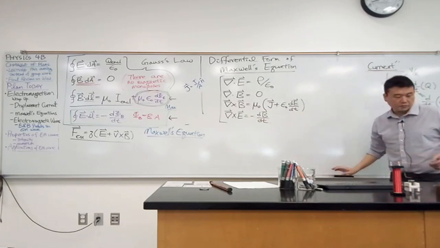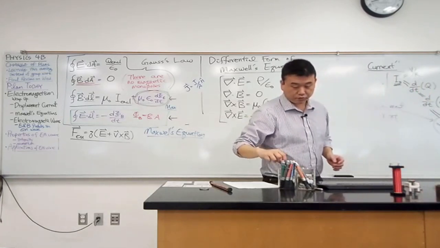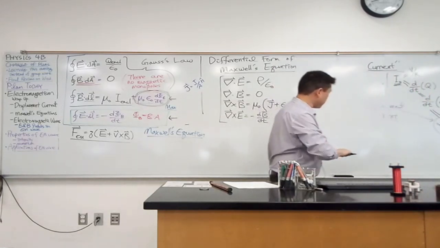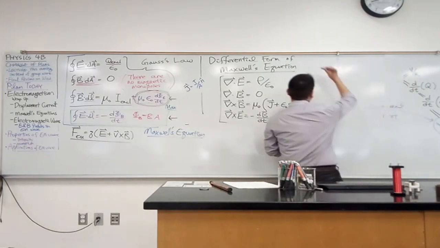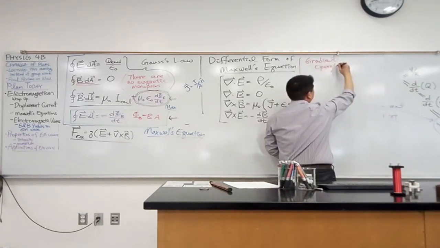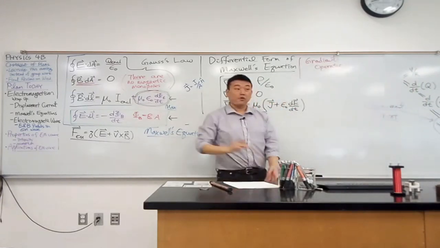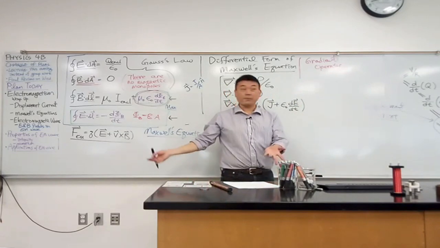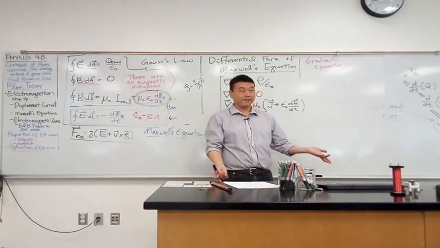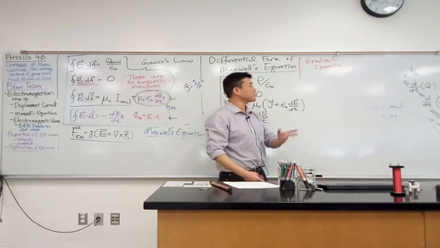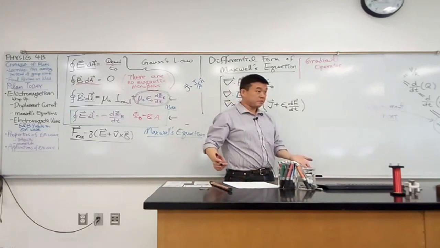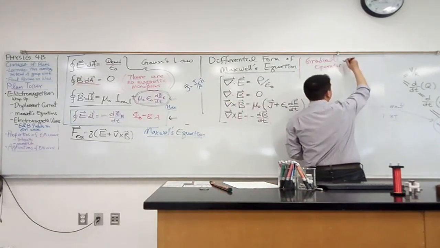So the three symbols I need to introduce are these. One is what's called the gradient operator. And I mean, operator sounds fancy, but like a derivative is an operator. It's a differential operator. And the gradient operator is the derivative in 3 dimensions. So let me just write down the symbol.